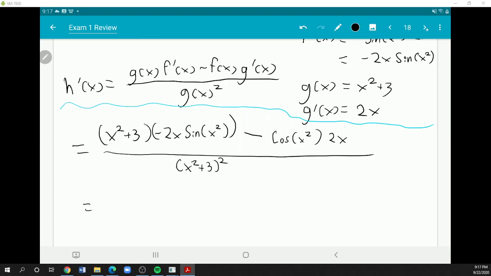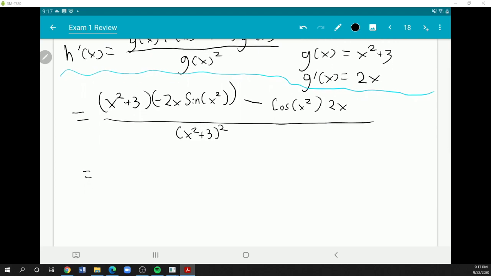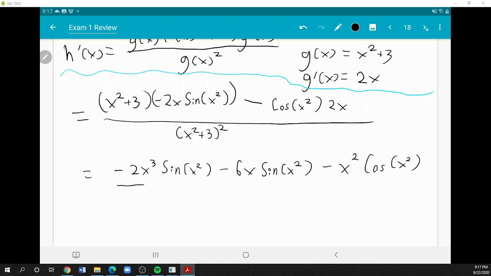Equals, and now we do have to distribute everything because we might get stuff that cancels. Minus 2x cubed sine of x squared minus 6x sine of x squared minus x squared cosine x squared, all divided by x squared plus 3 all squared.